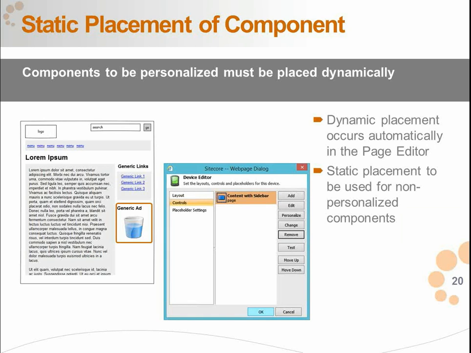As an architect, I could look at this original page and say, I think those links and that ad are good candidates for personalization, so I'll make sure those are dynamically bound in the presentation definition rather than statically placing them inside the host component.